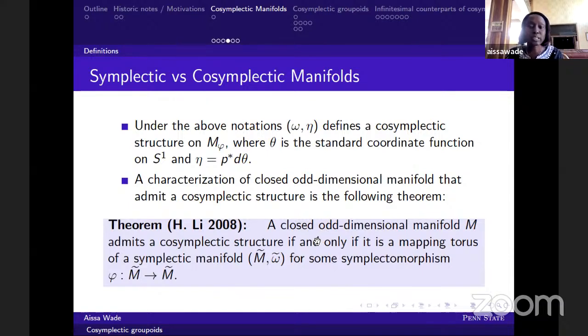So basically, cosymplectic structures all come from that construction of the mapping torus. This tells you how strong the relationship between these two is.